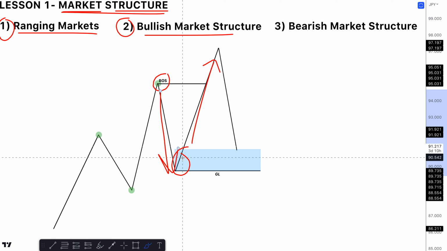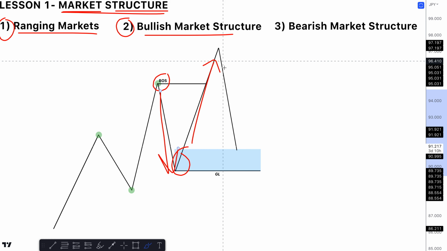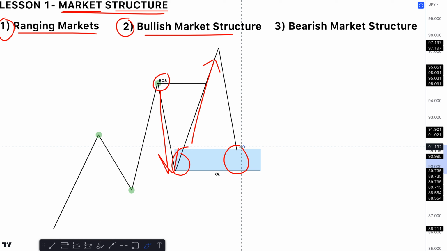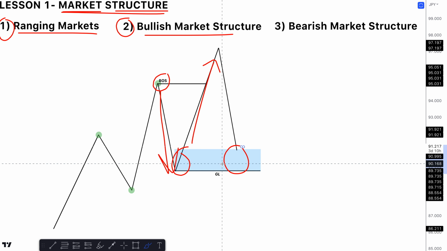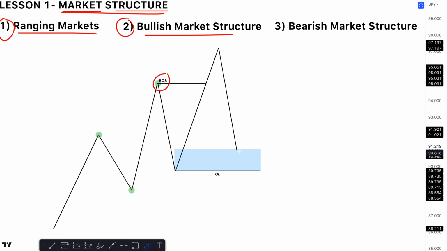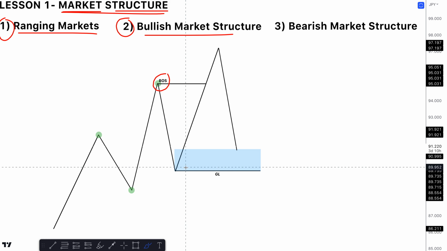Once price pushes up, we've broken structure, and then when price comes back, the institutions will decide whether they want to exit their other short positions that they didn't manage to close here. That ultimately will result in another bounce, another trend move to the upside, if they decide to close the sell positions that they used to create the liquidity.